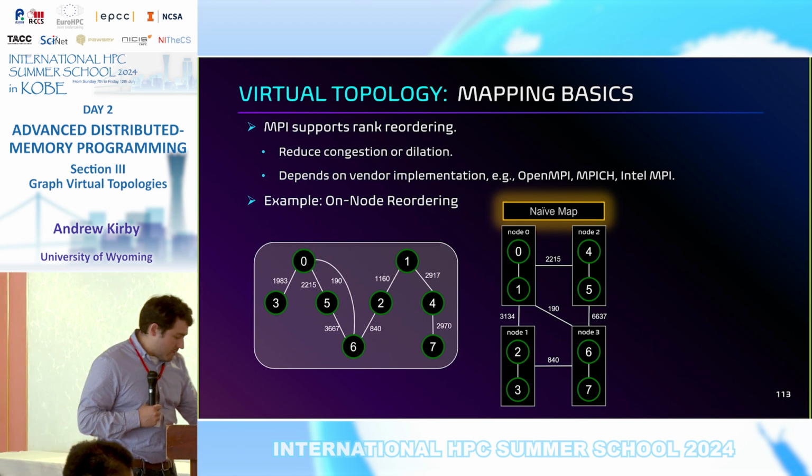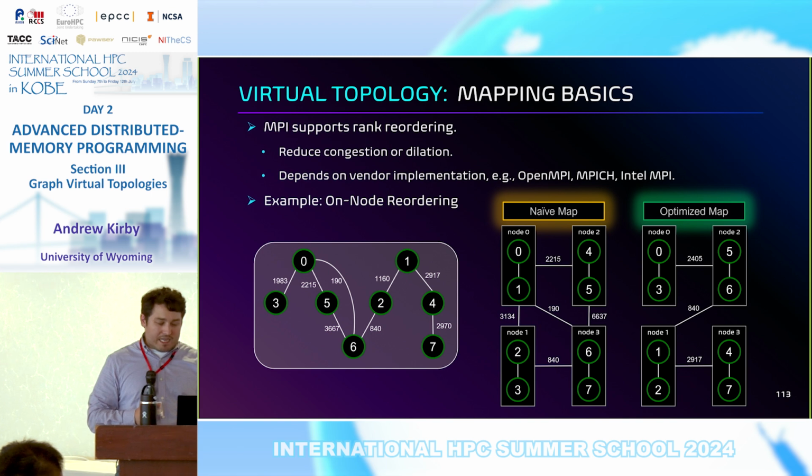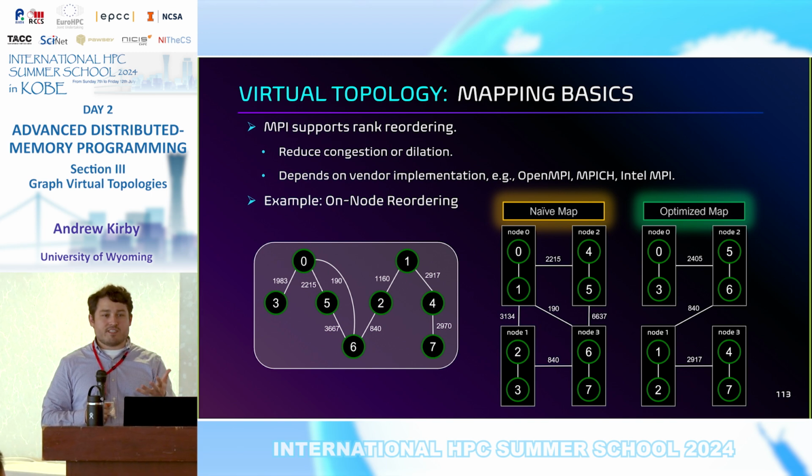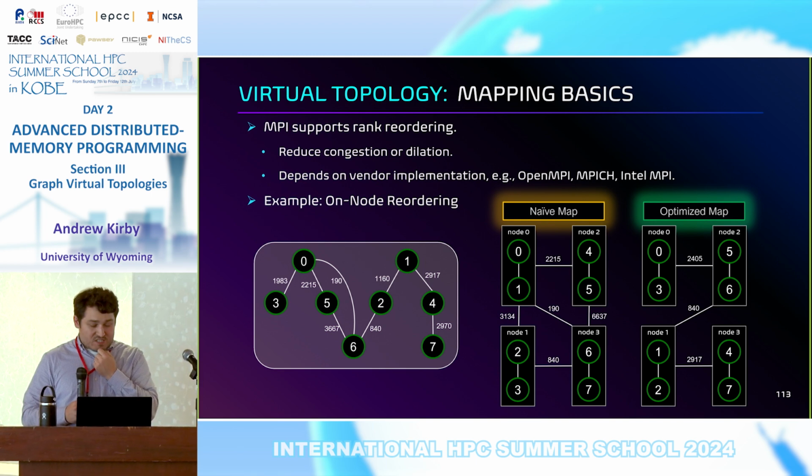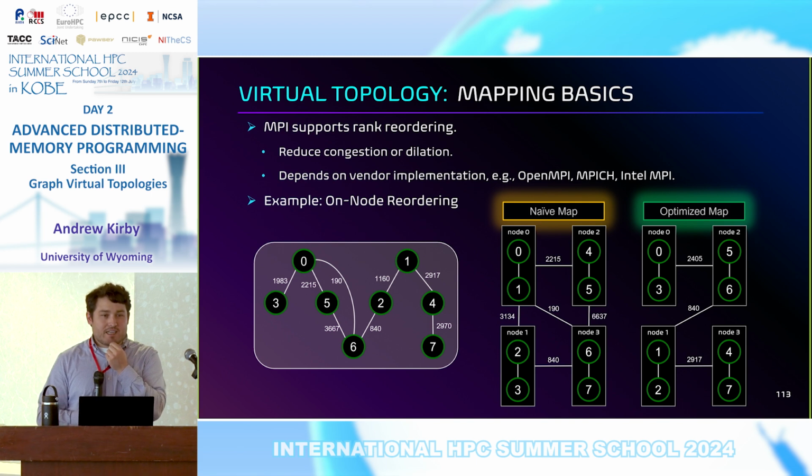If you use reorder, in theory, it can recognize that we can reduce the communication loads between nodes. So maybe the smart way is, we see in the original graph that 0 talks to 3 the most, so those two ranks should probably live together on a node in order to reduce the latency of the communication.